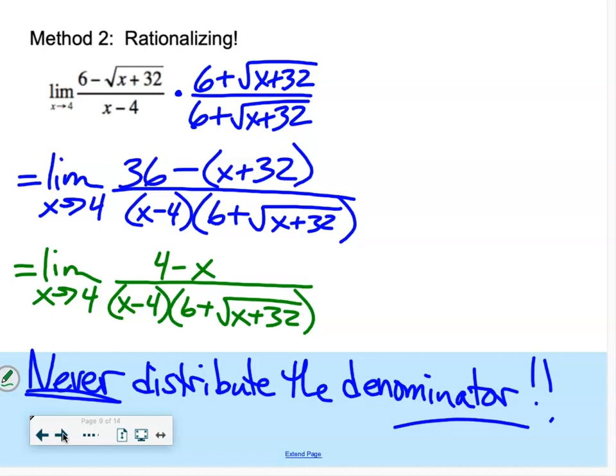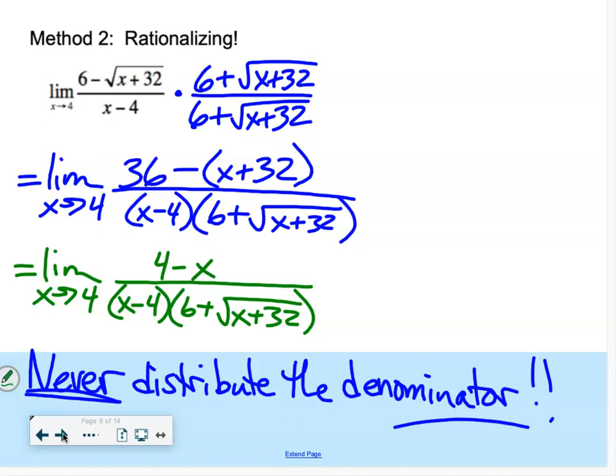Okay. Jennifer. Hi, how are you? I'm doing good. How are you? I'm doing great. Jennifer, do we have anything that cancels? Yeah. What cancels? You can cancel x minus 4 and negative x. Okay, so what Jennifer just said is this x minus 4 and the 4 minus x look really close, right?